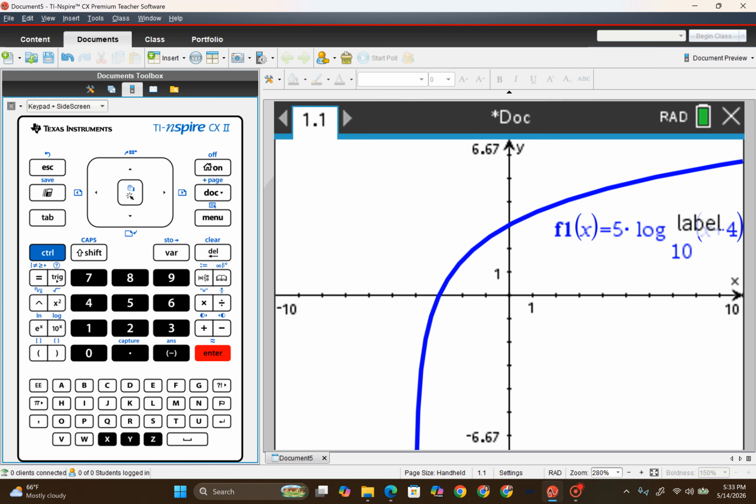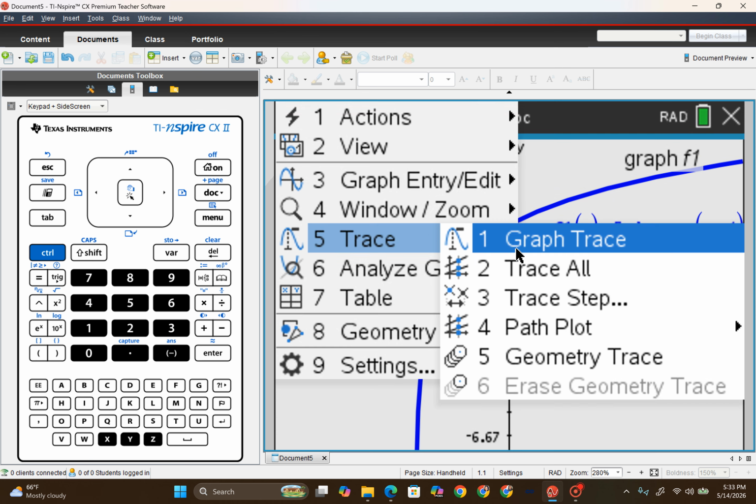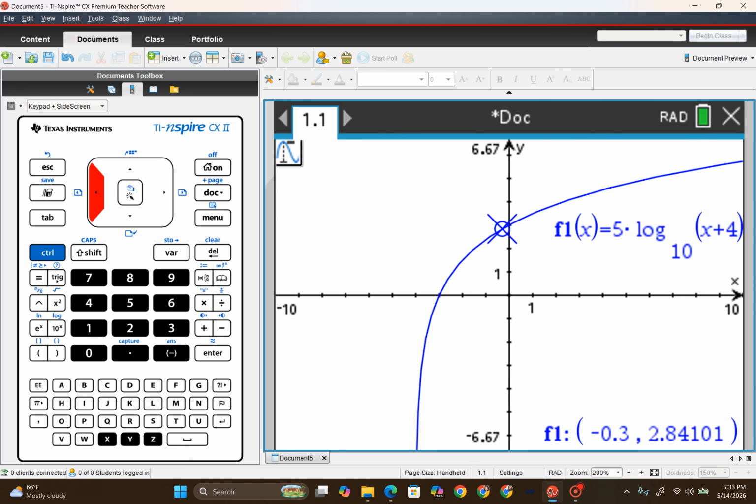If I press menu, go to trace and go to graph trace, and go to the left, you see how these numbers go: negative 3.9, and then negative 4.2, and it says it's undefined. That means that negative 4 can never be reached. It doesn't cross over that line right there.